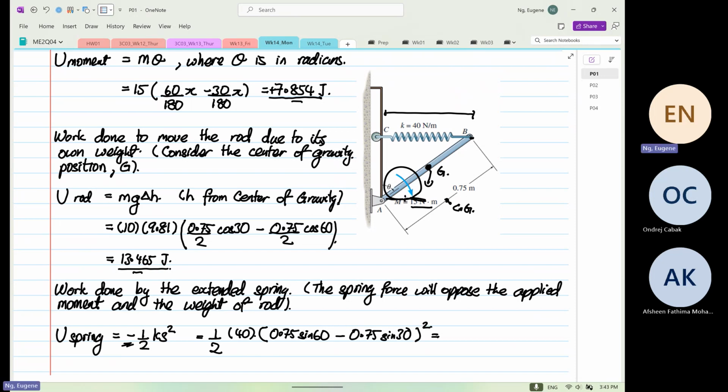So 0.75 times sine 60 minus 0.75 times sine 30, squared, times 40 times 0.5. Okay, I'm not getting the right answer. Wait, squared times 40 times 0.5. I got 1.507. There's a minus sign down here. Okay, can you not forget that? I did forget. So minus 1.507 joules. Okay.